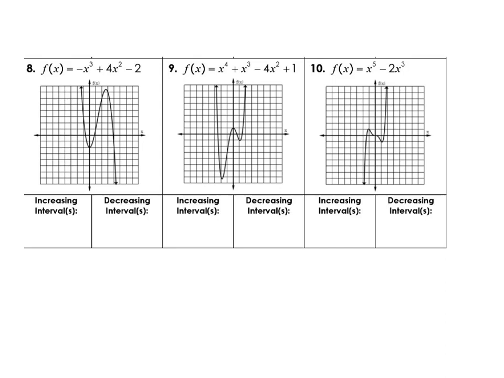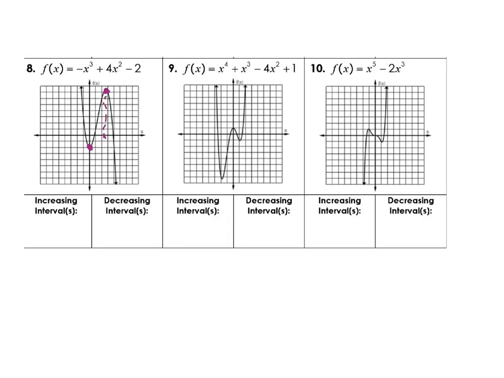Okay, on these, we're going to do the same thing. However, we will need to guess to give a rough estimate of where it would be. For number 8, if we're talking about increasing intervals, it looks like we should be increasing from here up to here. Keep in mind you're talking about the x value there.